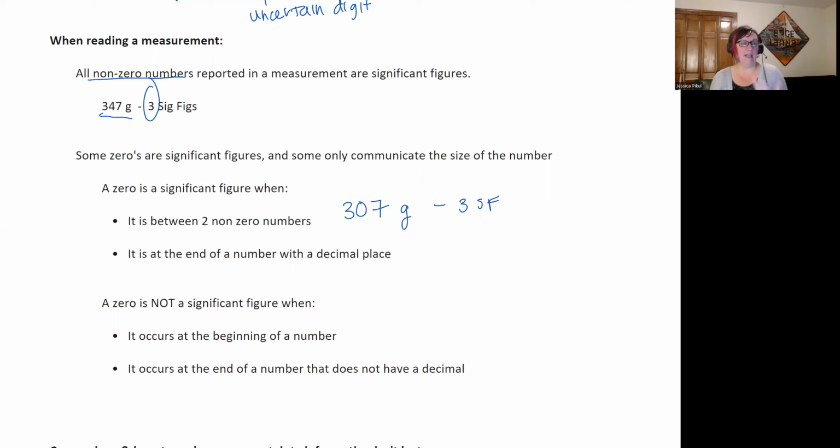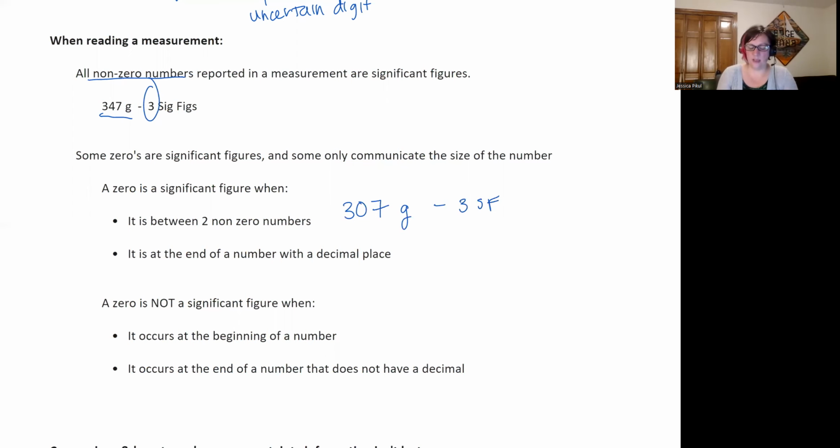Also, if it's at the end of a number with a decimal place, the decimal place means that typically the digits that follow were ones that were actually measured rather than ones that are just a placeholder for the size of the number.